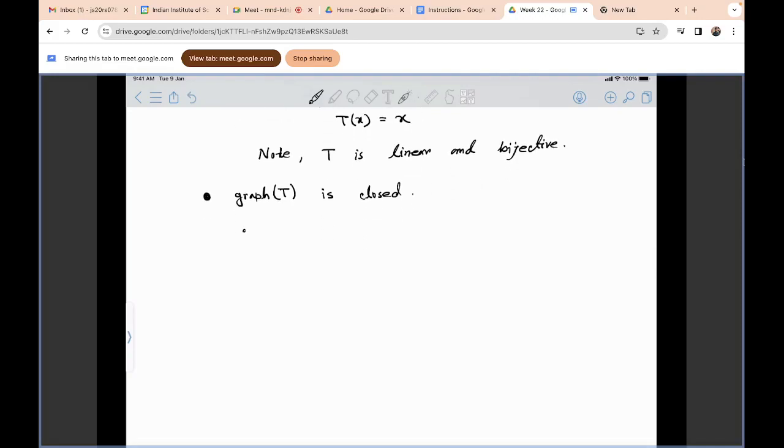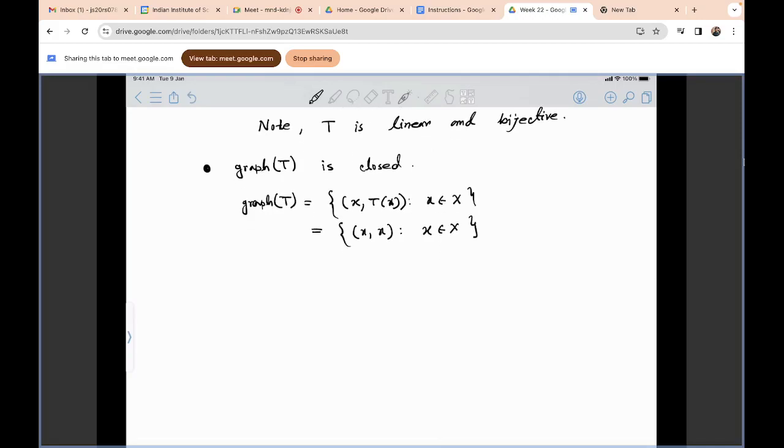What is the graph of T? It is (x, Tx) such that x is in X. Closed means we have to check that if you take a sequence from here that converges to some point, then the limit point should be in this set.